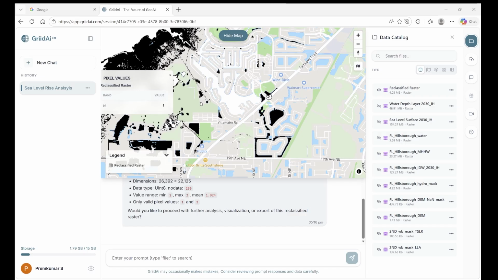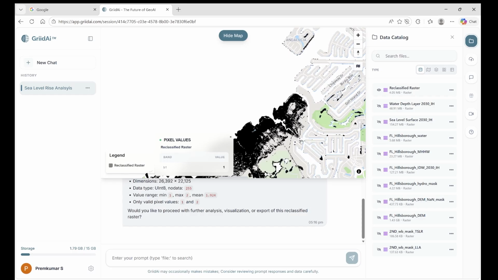By the way, the most important step is to do the propagation and see how the water would propagate from the ocean to all these regions. Even before masking all these water bodies, it is important to understand how the sea level water would be intruding into these inland areas.